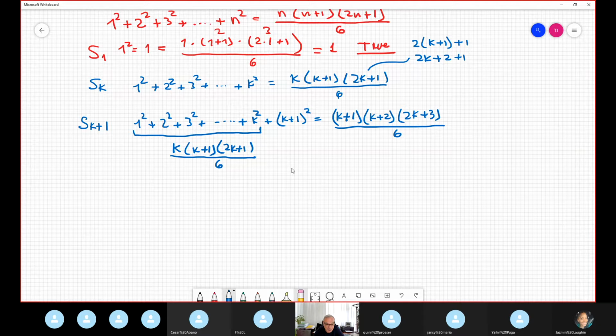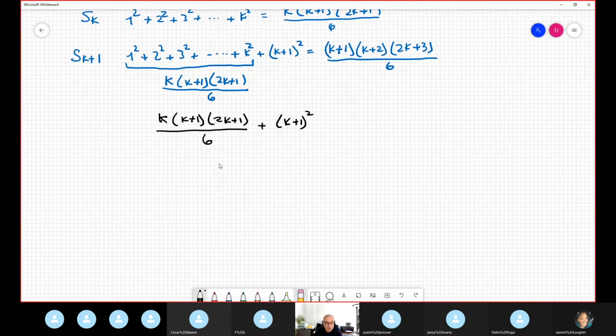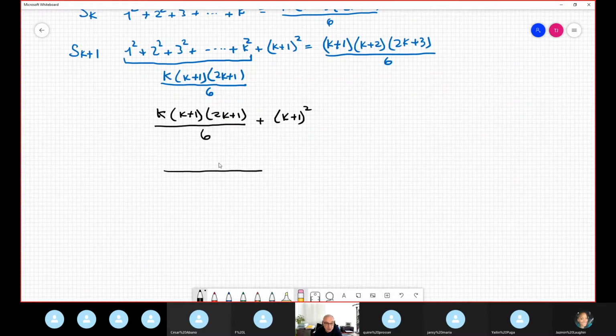Let me try to do my best. I want to change the color because I feel much better with black. We have k times (k plus 1) times (2k plus 1), 6 divided by 6, plus (k plus 1) squared. What should I do? Well, condensing, the least common denominator is 6. So 6 is k times (k plus 1) times (2k plus 1) plus 6 times (k plus 1) squared.